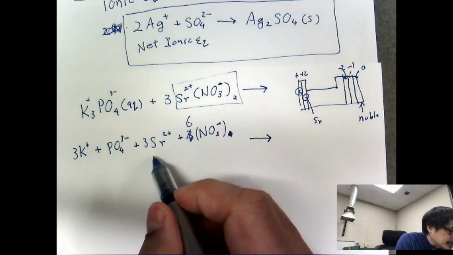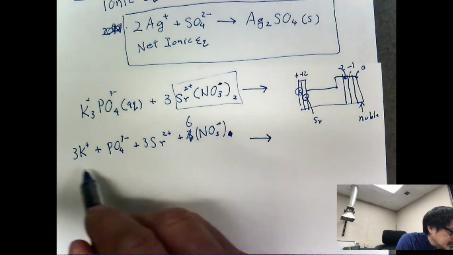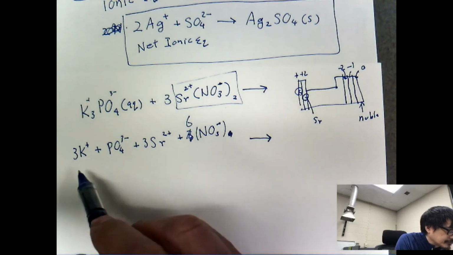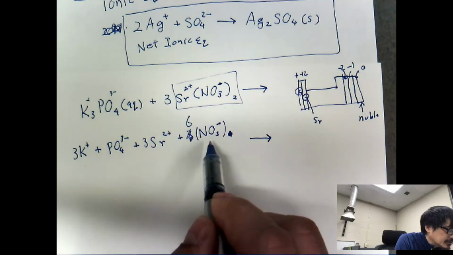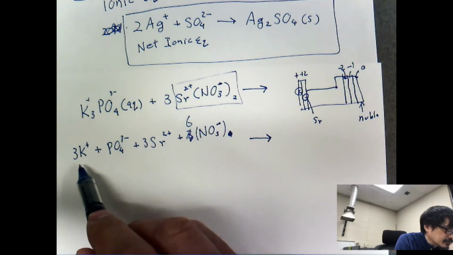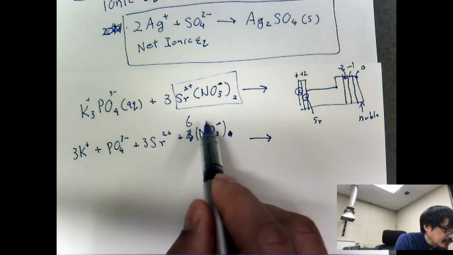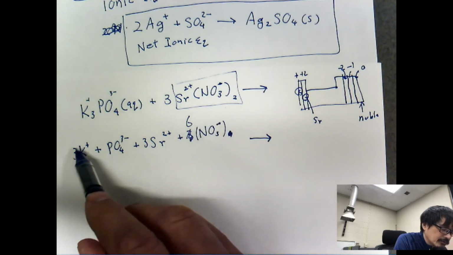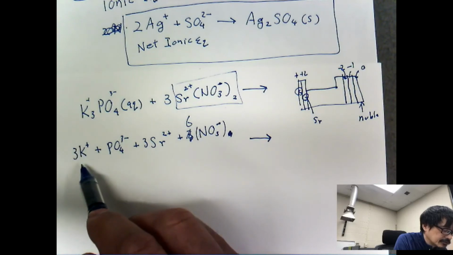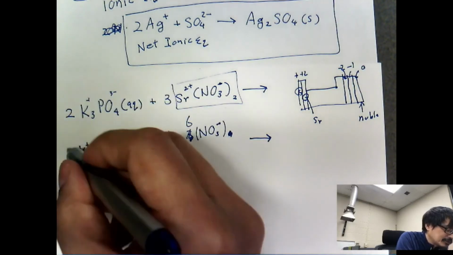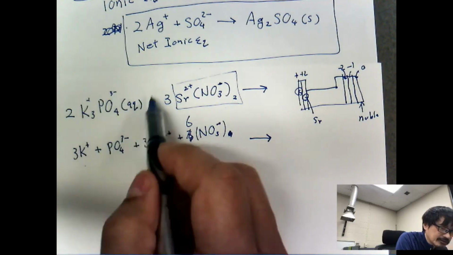And then you swap the partners with these things. So right here, K is going to pair up with this guy. But take a look. I don't have enough of this, right? I have 6 NO3 minus, but I have only 3 plus here. What do I need to do? Yep, I have to multiply everything by 2 on this side, right?